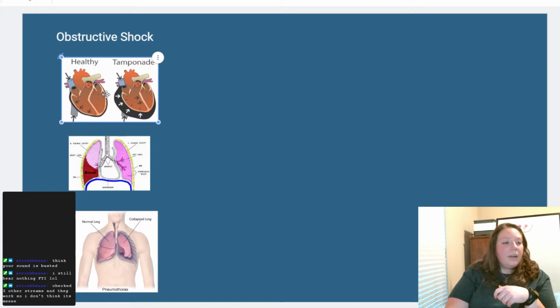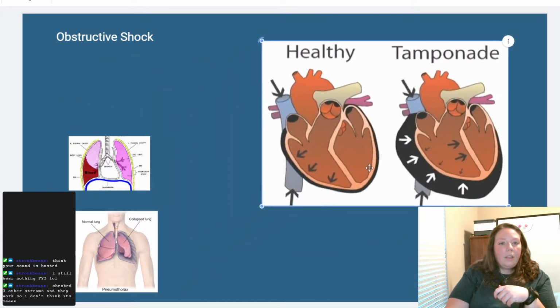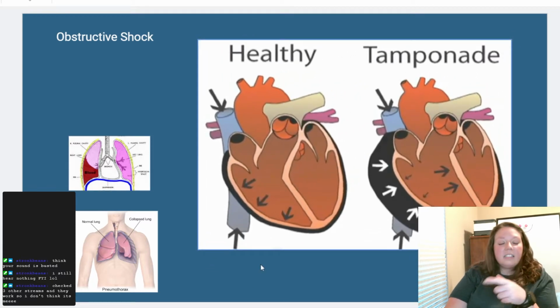First, let's talk about cardiac tamponade. It can cause obstructive shock. This is when fluid builds up in the sac that surrounds the heart, the pericardial sac.